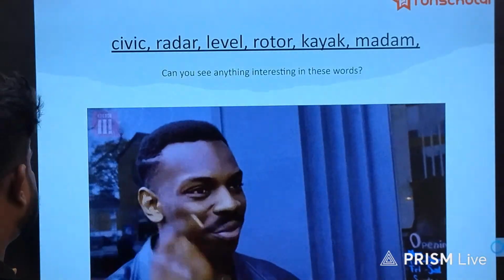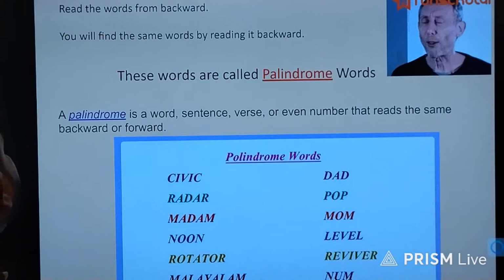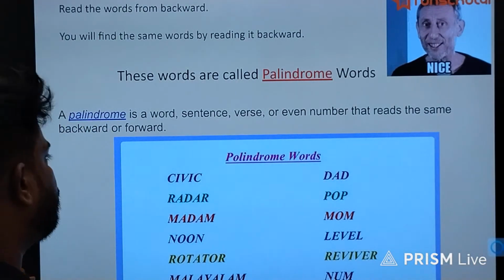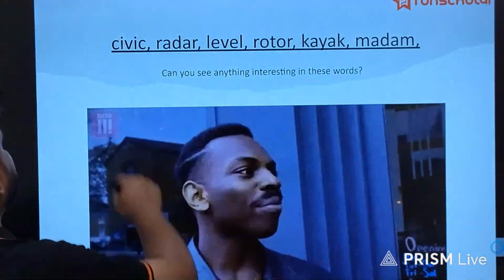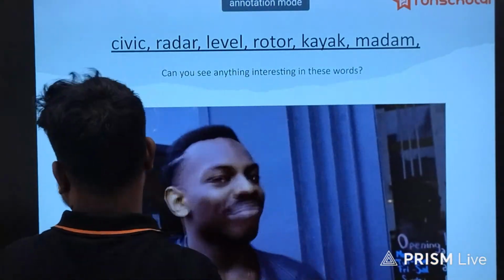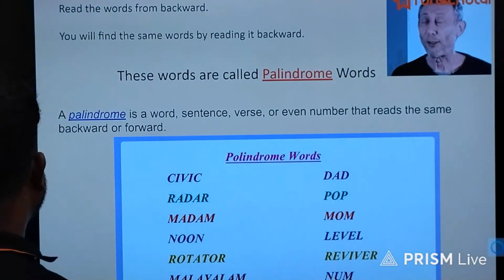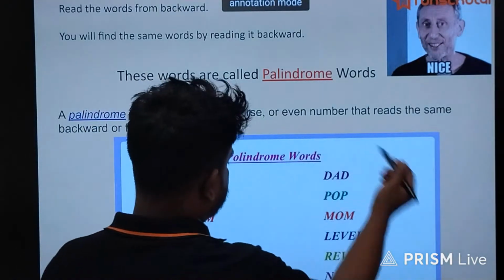Go next. This one just means that you read the words backward. You will find the same words by reading them backwards. Okay, like in this case: civic, radar, level, rotor, kayak, madam. Each of these will read the same if we flip them.